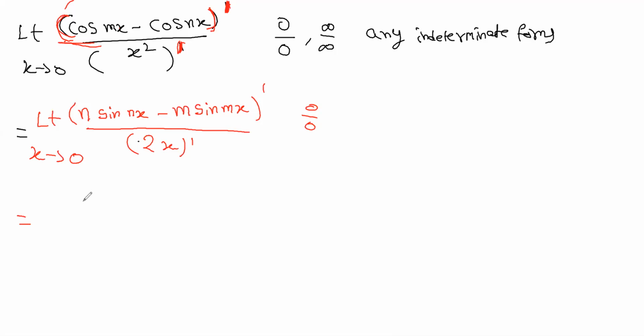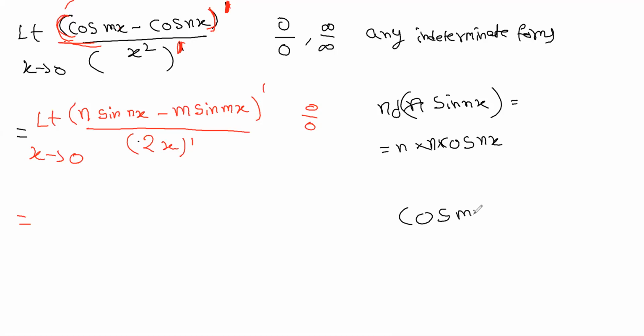We did it in the previous slide also, you have to tell, I won't show. n sin nx: take n outside, differentiation of sin nx is cos nx into n. Remember, keep this n in mind. Similarly, for m sin mx it is m cos mx into m. You should not forget this m.